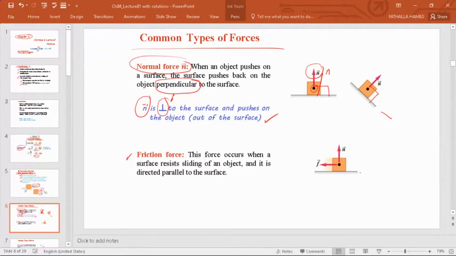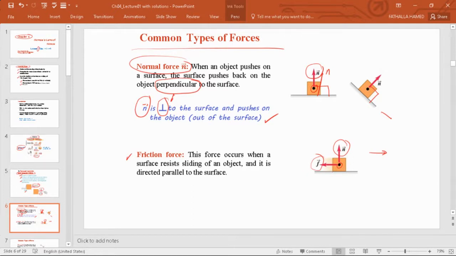So as you can see in this situation here, something resting on a surface, you see the normal force, which is coming normal from the surface and is pushing up. And we took it from the center of the mass. And friction here is basically opposing your motion. If you're moving this way, the friction is going to be in the opposite direction.